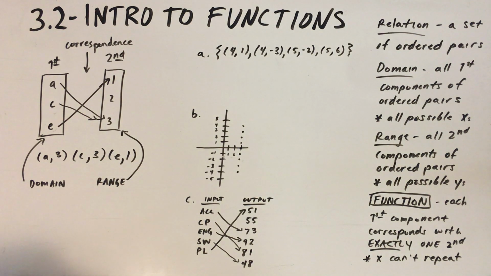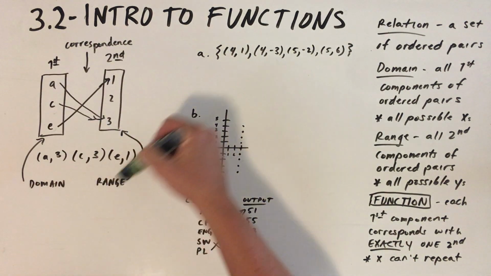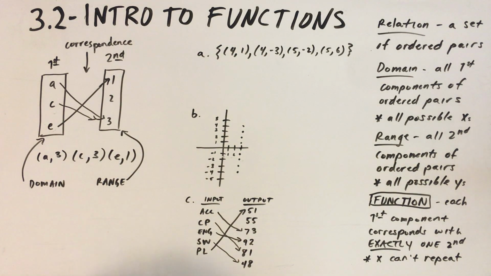We have a couple examples on your sheet, an example of ordered pairs and an example of a line, and those just demonstrate a relation.